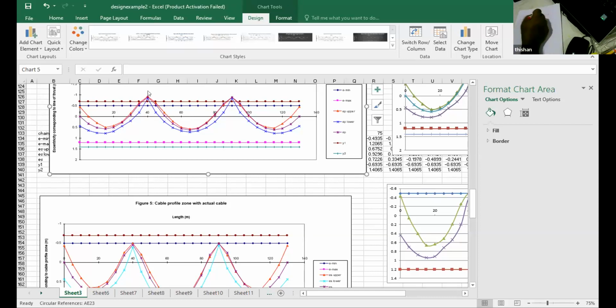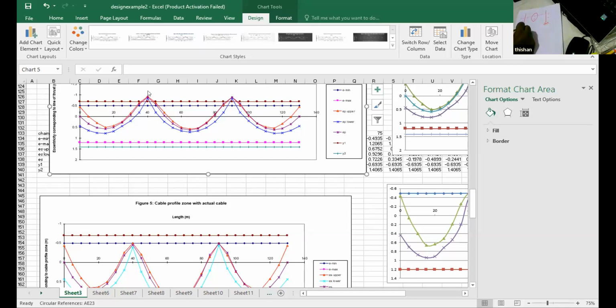We are concentrating on 0, and we have to fit a curve inside two limits. Which means if we are to have 0 in between, if you fit a cable profile at the upper one, you should get a positive value for secondary moments.